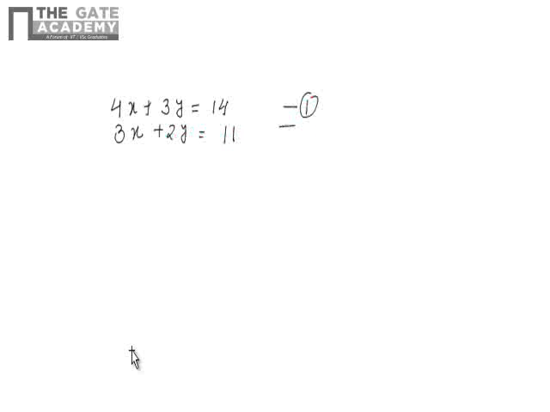Okay, this is first and this is second. The methods to solve these equations are the method of substitution and the method of elimination. Here we'll solve this by the method of elimination. You already know this, but we are just revising this concept.